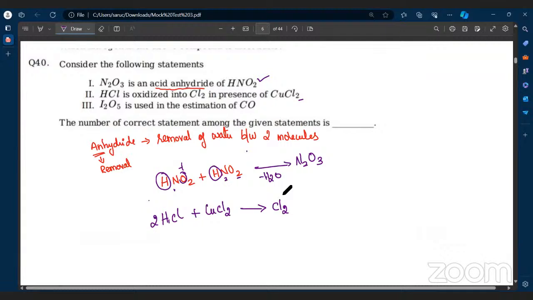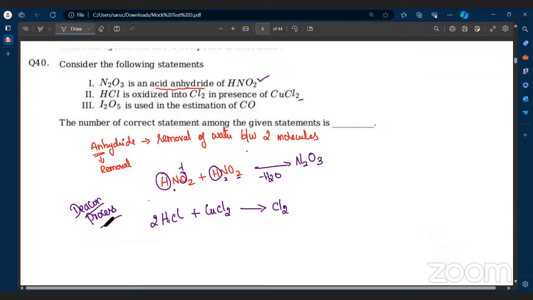Have you studied this preparation of chlorine? Have you learned this Deacon's process?